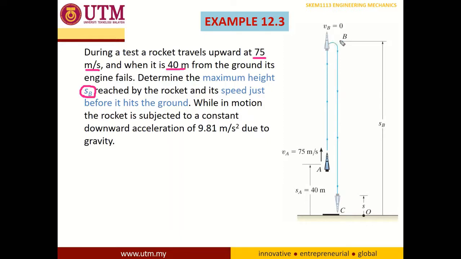At this point it reaches its maximum height, defined by SB here. Then we have to find another quantity, the speed just before it hits the ground, which for example we define as VC.